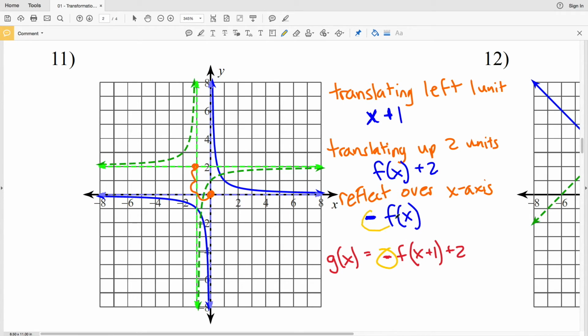Taking the opposite of the function takes into account the reflection, and adding 2 takes into account translating up. So what happens to the variable happens within the function, so we translate it left within the function, and the rest happens outside of the function, which would be reflecting and translating up. So g of x equals the opposite of f of x plus 1, and then adding 2 to that. So the opposite of f of x plus 1 plus 2.